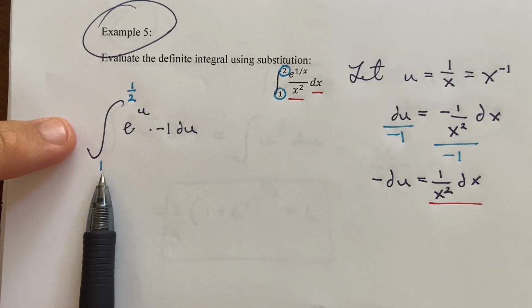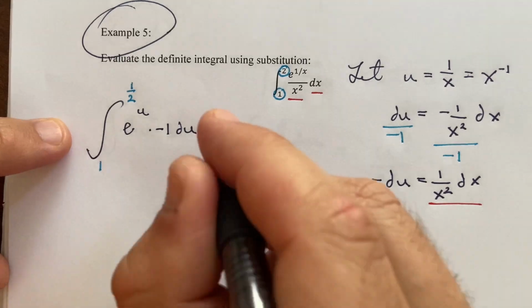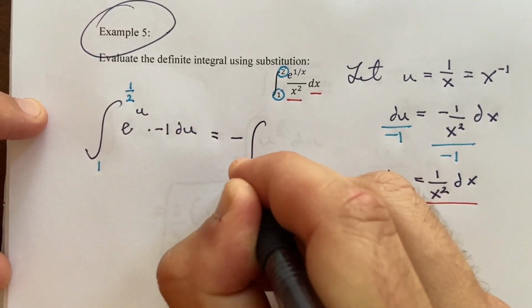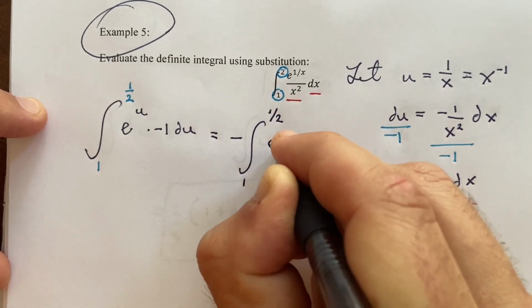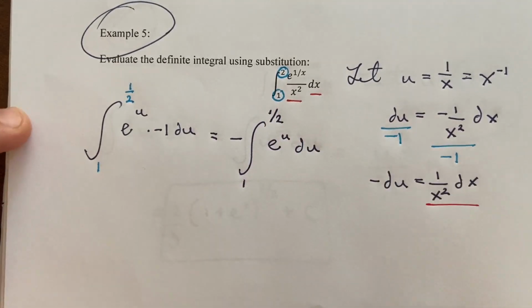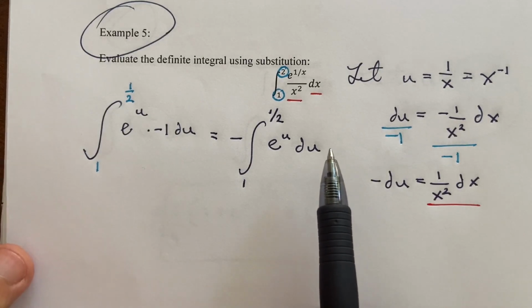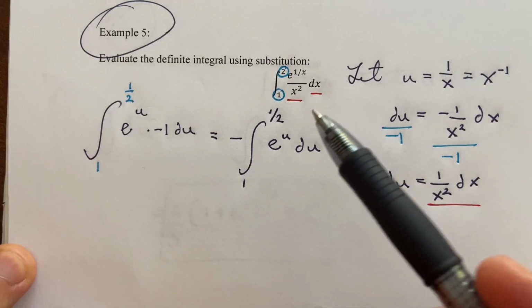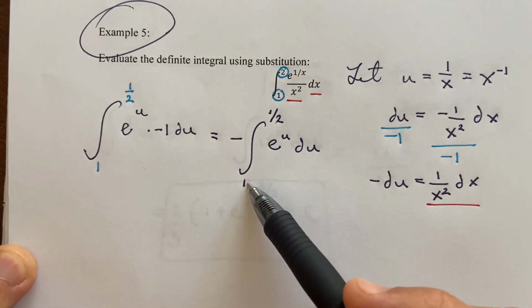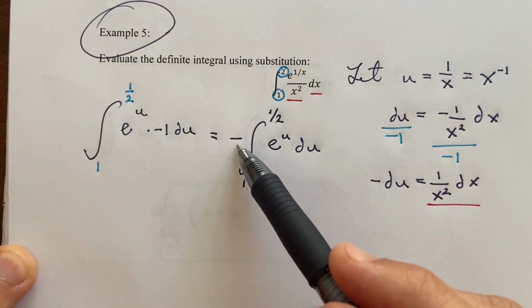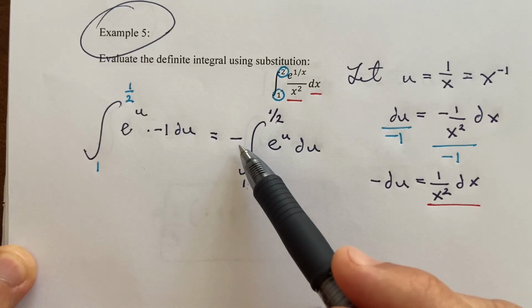Okay. This would be equal to -1 to 1/2 e to the u du. There's a property about definite integrals that says if you switch the limits, then you need to make the opposite sign.